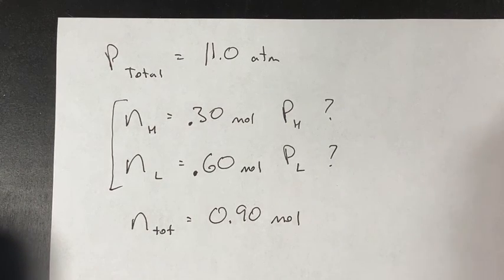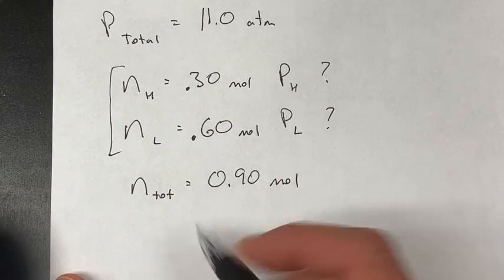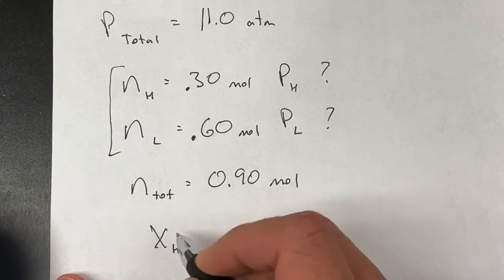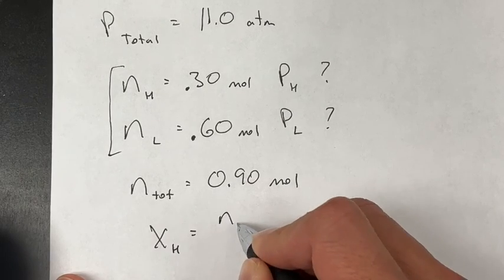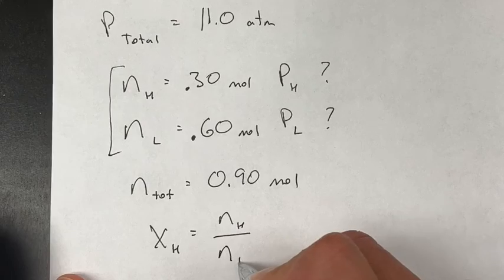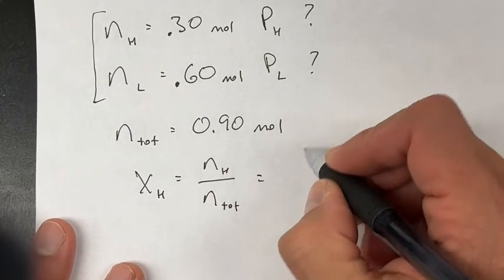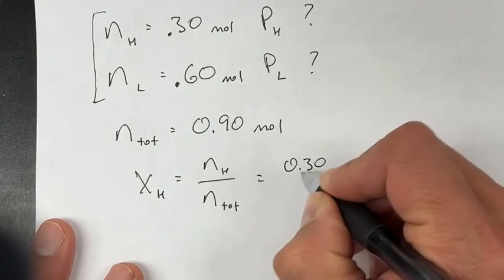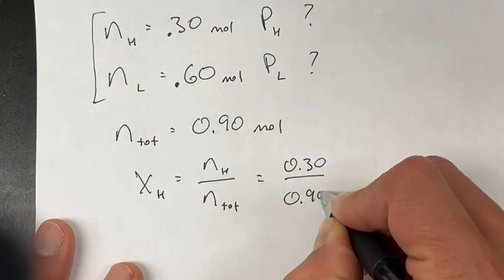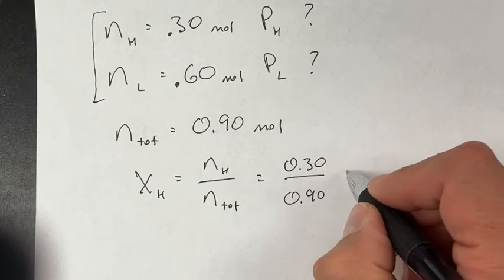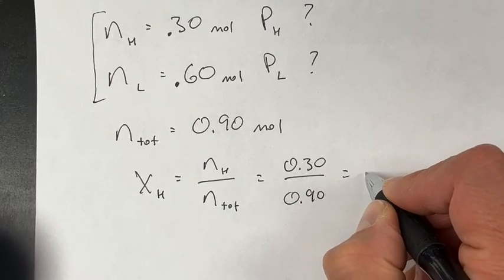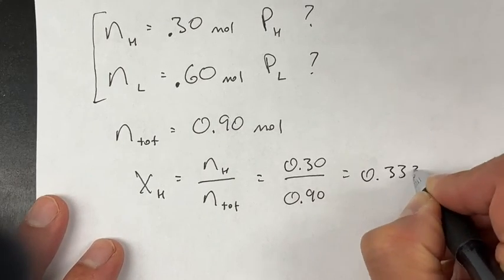So how do I get mole fractions from these? Remember, the mole fraction X is the moles of the heavy over the total moles. In this case, it's 0.30 divided by 0.90, which is 0.333 repeating.